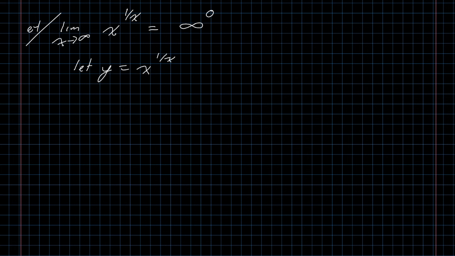Let y equal x to the 1 over x power. Then the natural log of y is equal to the natural log of x times 1 over x. Natural log is a one-to-one function, so we can just take a log of both sides of the equation. But then we can use the properties of logarithms to write this as 1 over x times the natural log of x, or natural log of x over x.